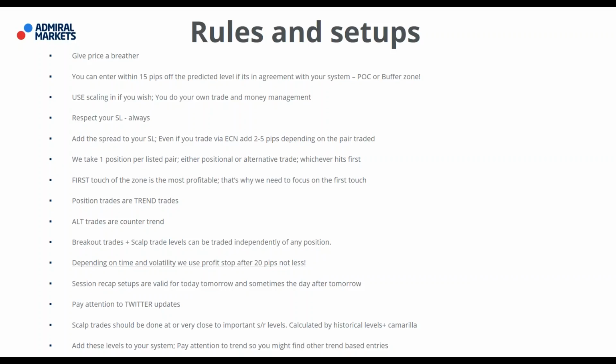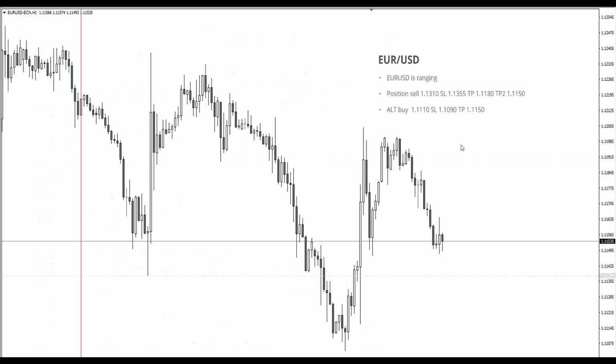Okay, so let's see now. Results. Euro dollar here, it went as expected. Well, I presume it could have been a sell trade, but it didn't qualify because it was way below our POC.